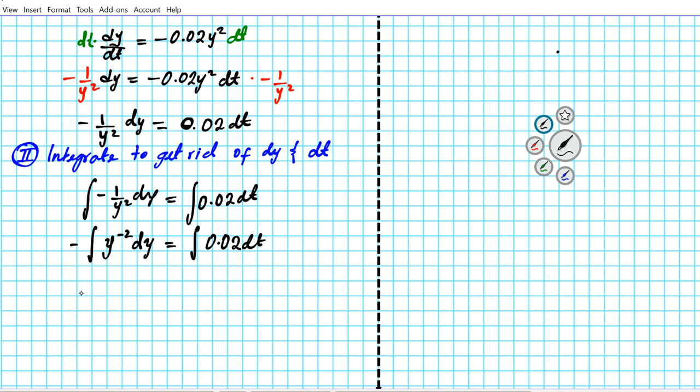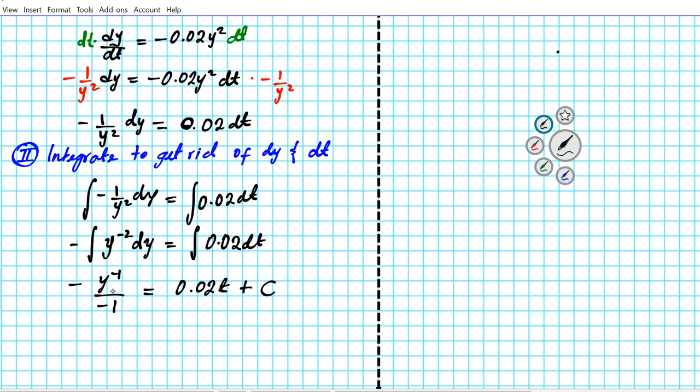So using the power rule on the left side, if we integrate that, we're going to have y to the power plus 1, which is negative 1, divided by the power plus 1, which is negative 1, plus c. And then on this side right here, if we integrate with respect to t, it is 0.02 t. Now this c right here is a composite. C is a combination of the c from the right and the left. Just put them together here on the right. Okay. All right.